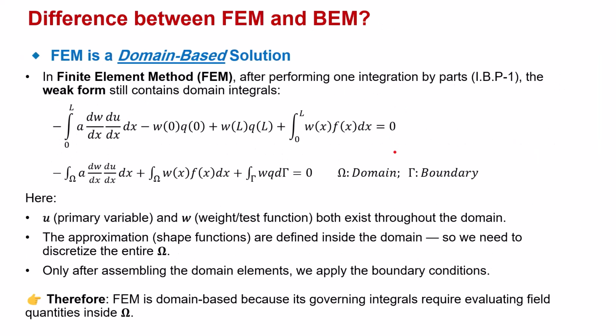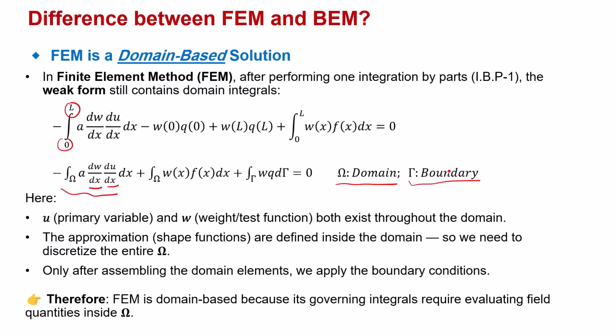Let's now compare the finite element method and the boundary element method. We'll start with FEM, which is a domain-based solution. In FEM, after performing one integration by parts, we obtain the weak form, but this weak form still contains domain integrals. That means both the weight function w and the primary variable u are defined throughout the entire domain, which is 0 to L in 1D problems. The domain is shown with omega and the boundary is shown with gamma.